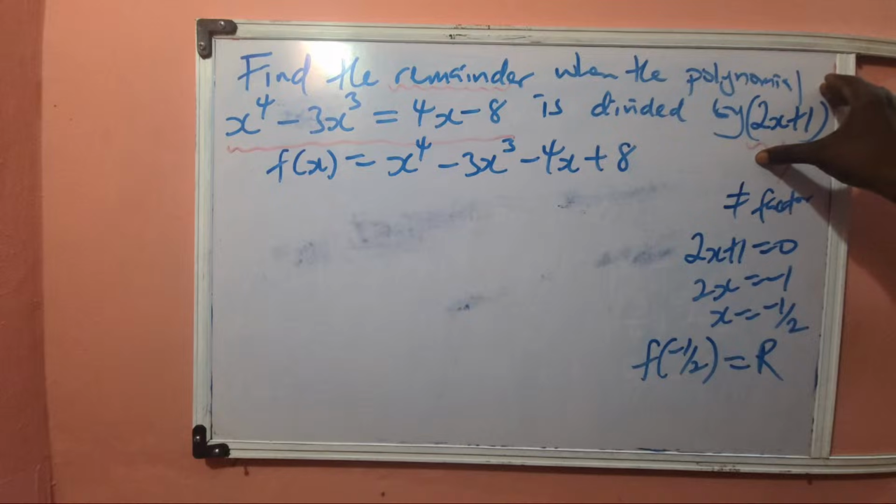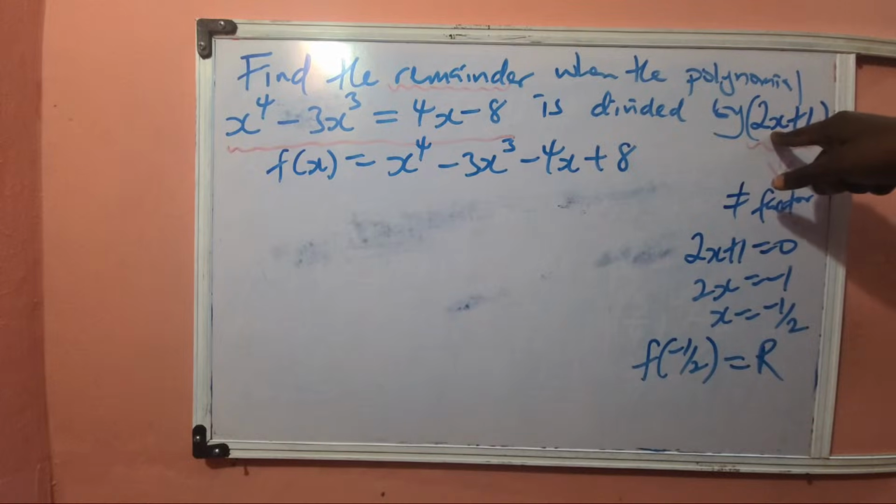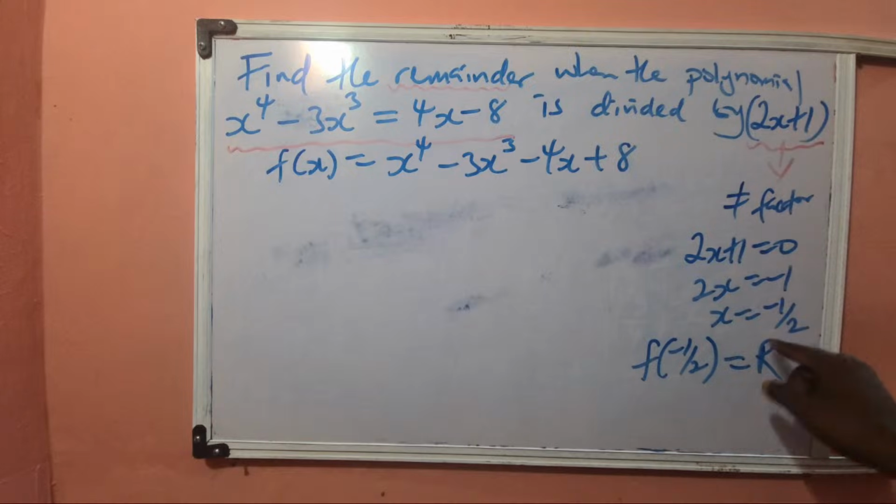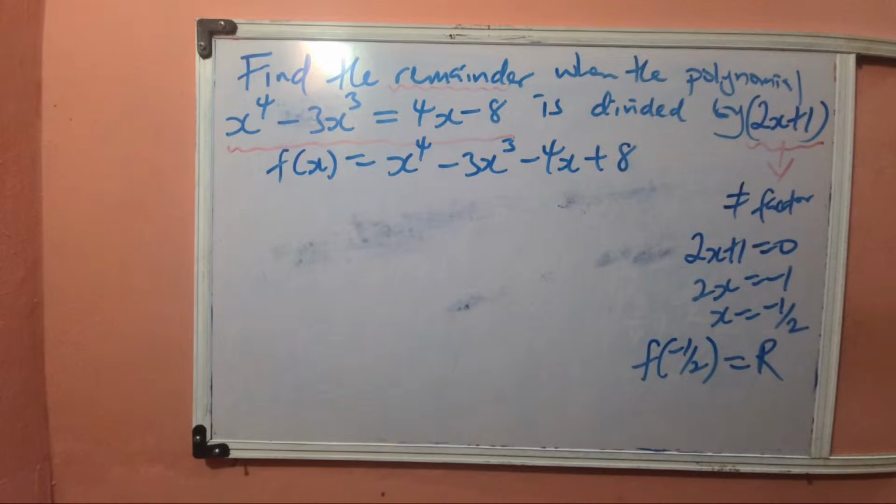When something is not a factor of a polynomial, when you fix the value of x coming from that thing, the divisor right here, the response when you fix that into your polynomial is always going to be your remainder. That's remainder theorem. So now the question just said, what is the remainder when this polynomial is divided by this?